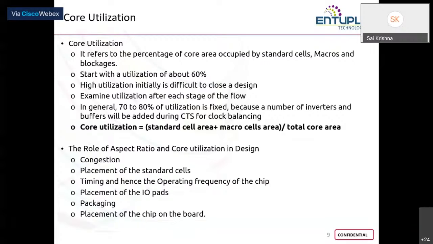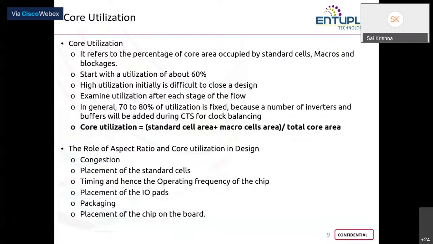Now from your synthesis, you have an area estimate, right? Yesterday you might have seen it in the area report of your synthesis. Let's say you have some x square nanometer.